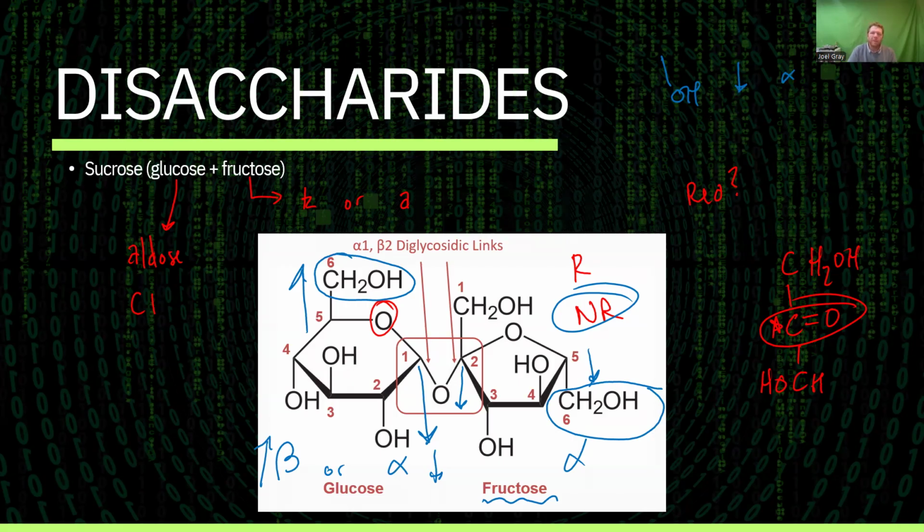Now, the remaining 1% of the time, what you always want to do is compare it to where carbon number 6 is. So to give you a different perspective on it, here is CH2OH. This is glucose. I'm going to erase that.